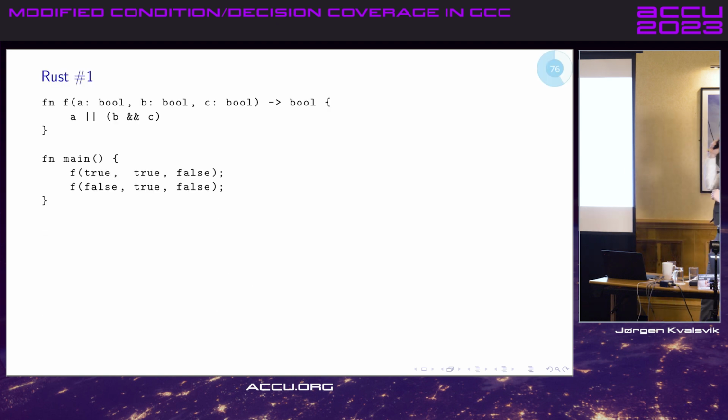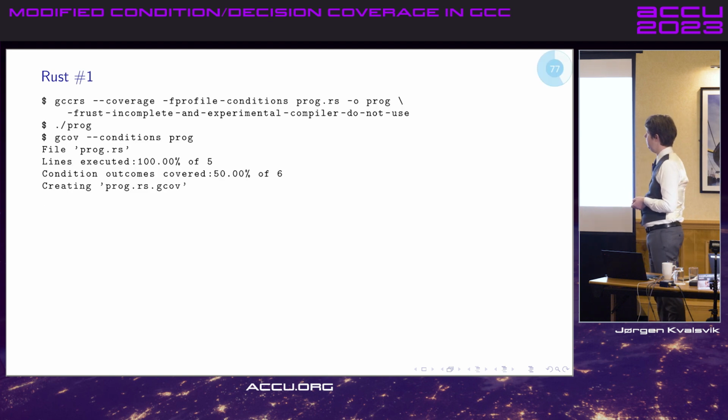Okay. One cool thing about it being on the control flow graph is that it's front-end independent. So here's some Rust. It's very good Rust. So we have a program which is A or B and C, which we feed these two inputs.